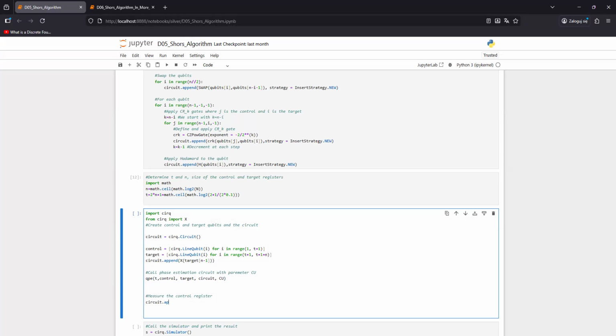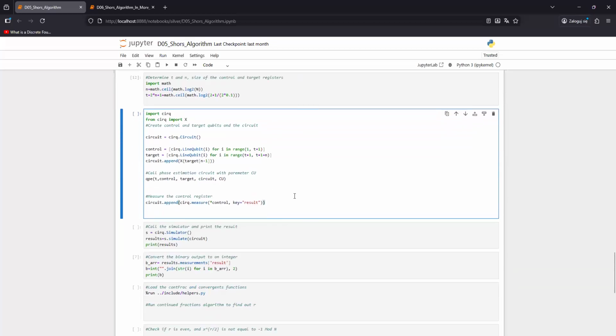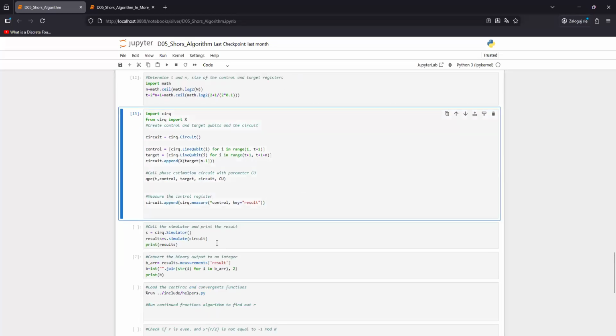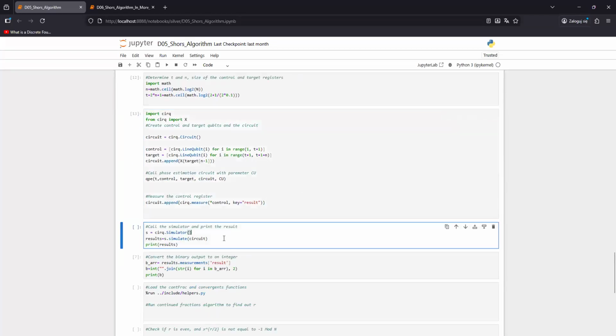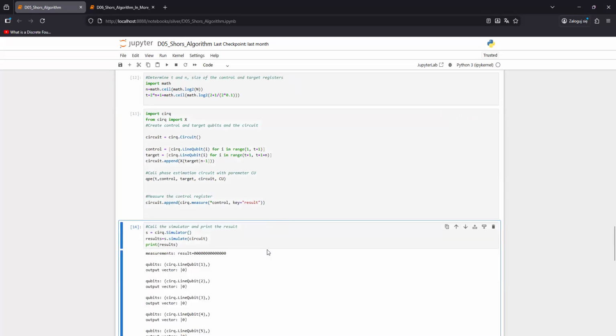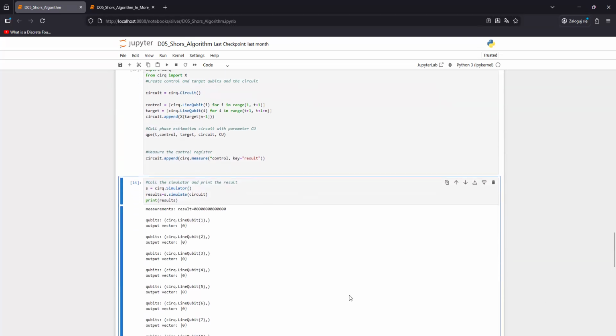So circuit.append, cirq.measure, control, and key equal to result. Okay, that should work. Here we have already the simulator, so we can print the result.